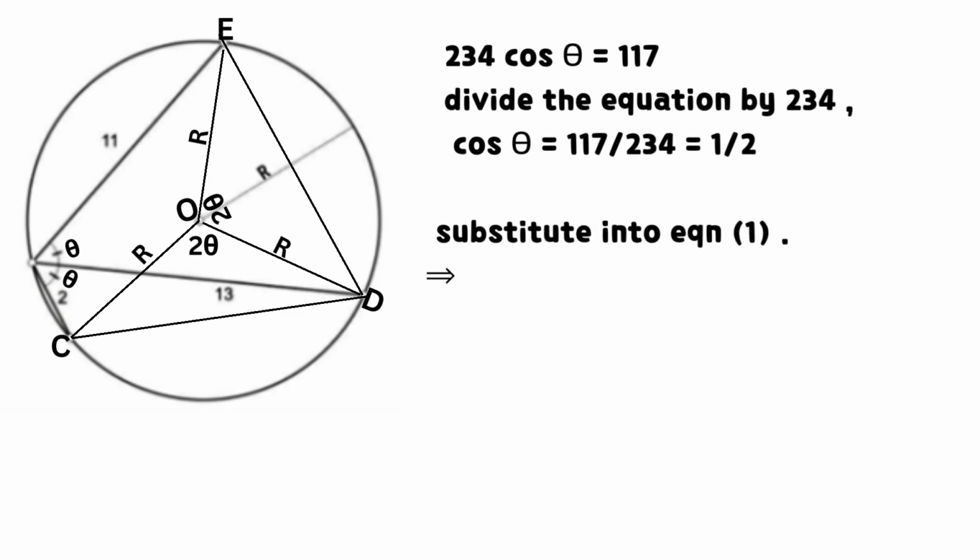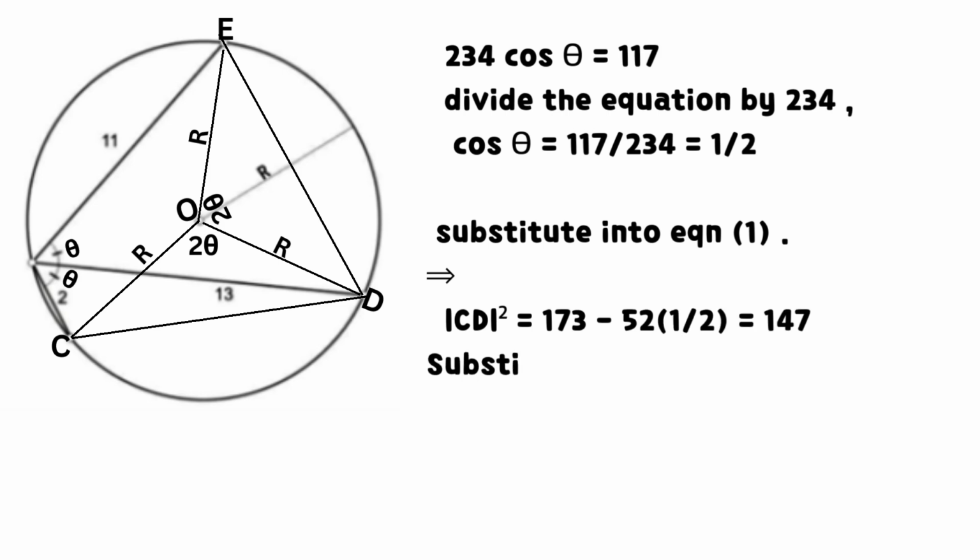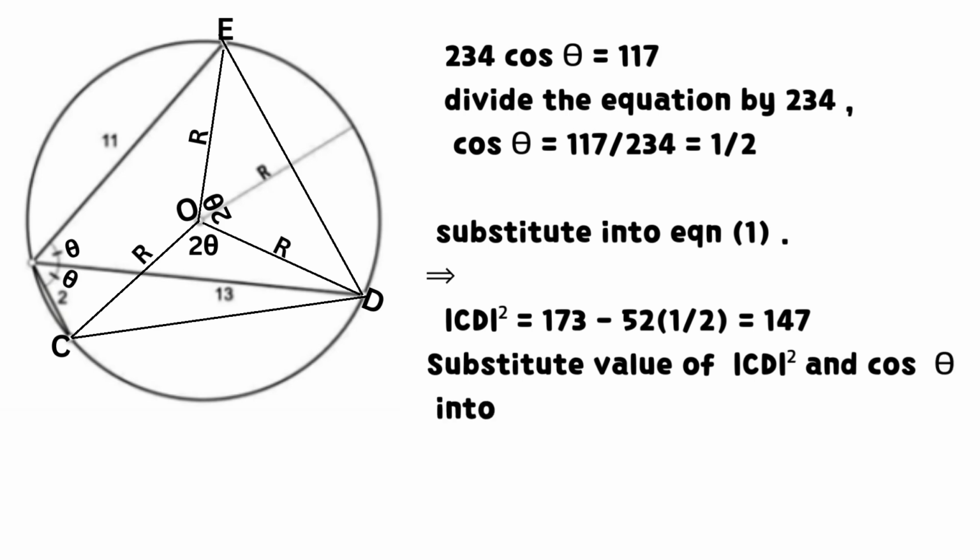Divide the equation by 234 and we have that cosine θ equals 117 divided by 234 equals half.